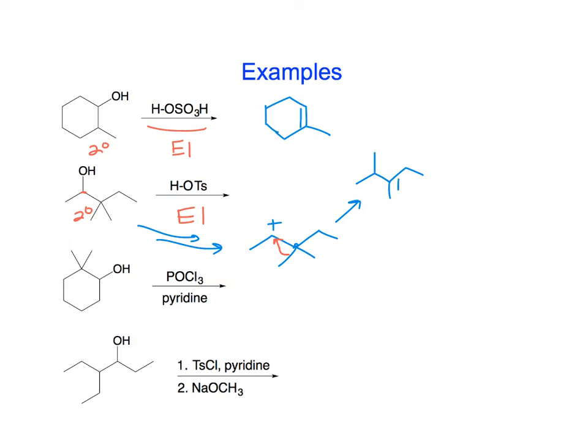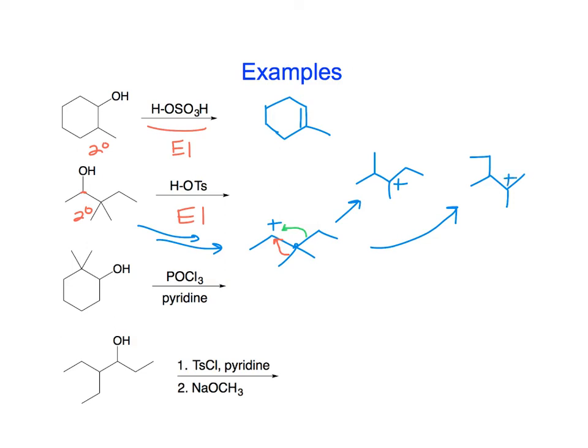And this would be the carbocation where the methyl group moved from. But it's possible also for the ethyl group to shift. And in that case, we would get this. An ethyl group would move here and a plus right there.